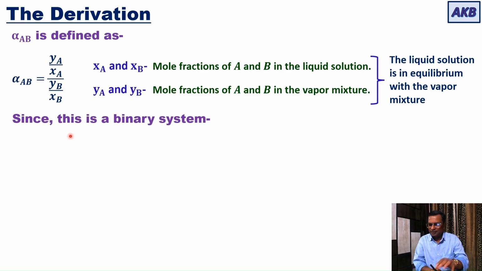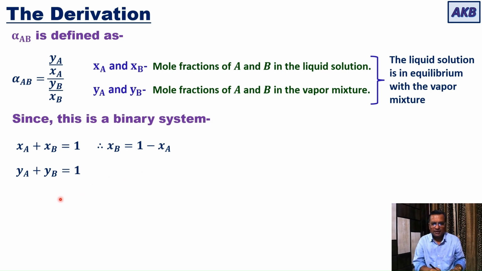Since this is a binary system, the sum of mole fractions in the liquid phase, XA plus XB, is equal to 1. From this you can get an equation for XB in terms of XA: XB is equal to 1 minus XA. Similarly, in the vapor mixture, the sum of mole fractions is equal to 1, that is, YA plus YB is equal to 1. So YB is equal to 1 minus YA.